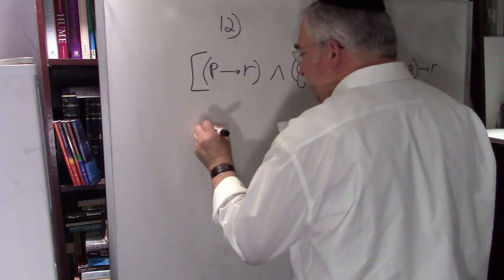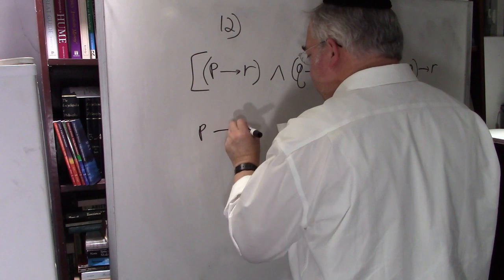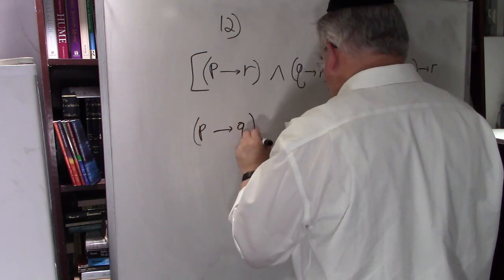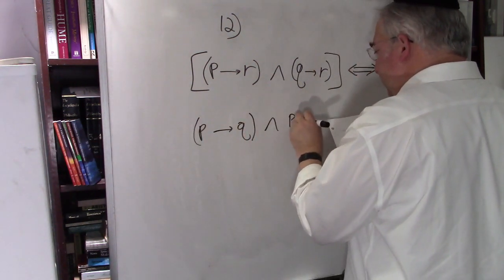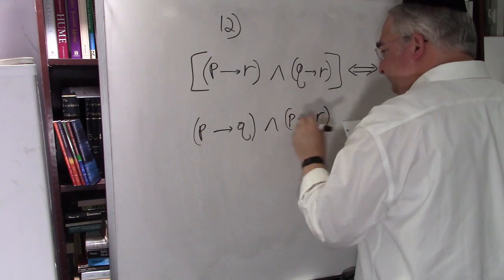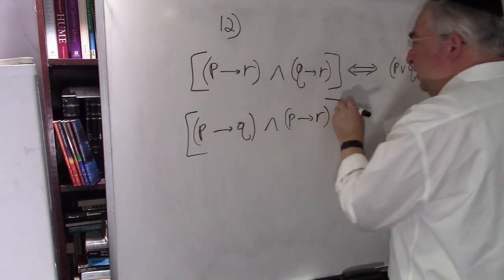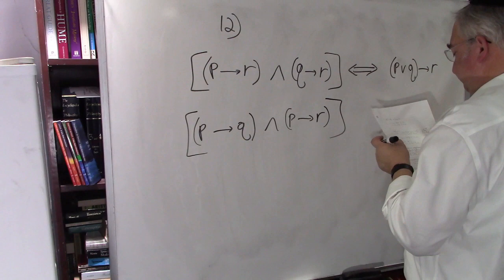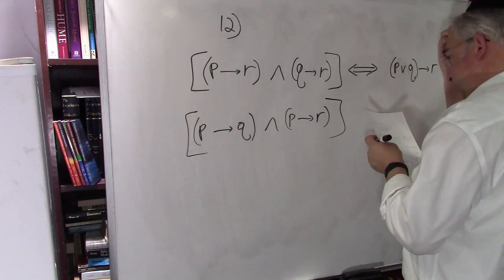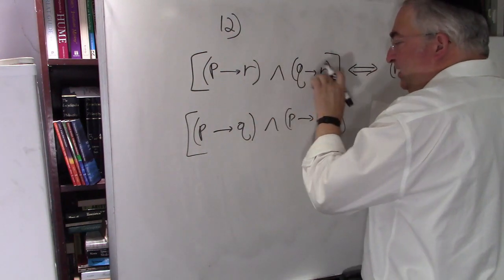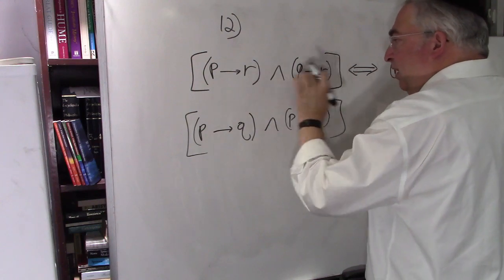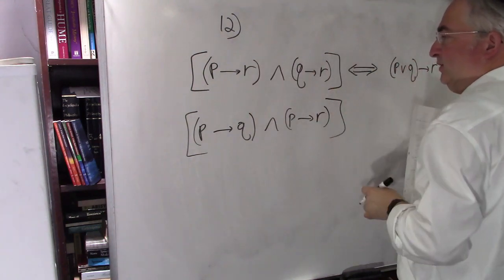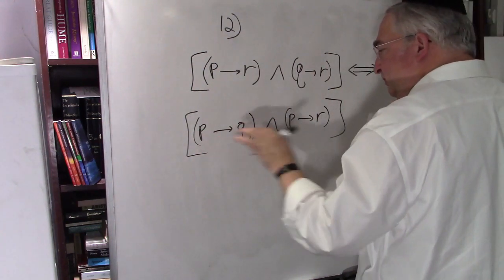P arrow Q and P arrow R. Okay, notice here, the second thing was the same, R. So we were talking about French fries. Okay, here the first thing is the same.